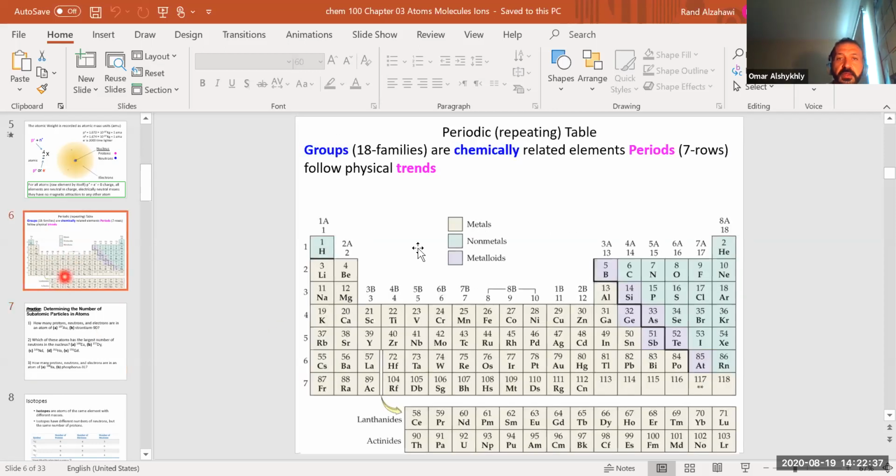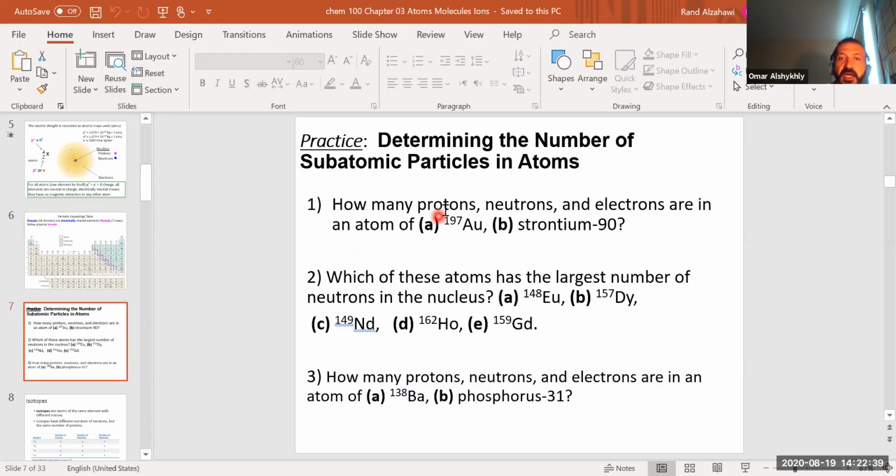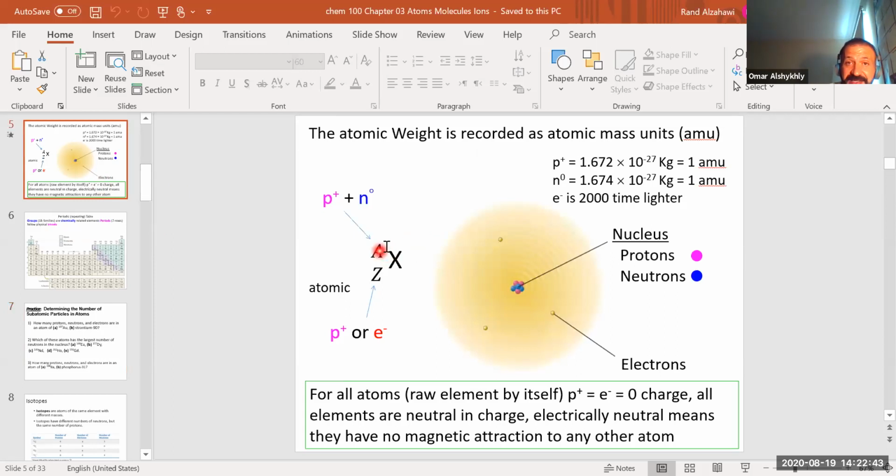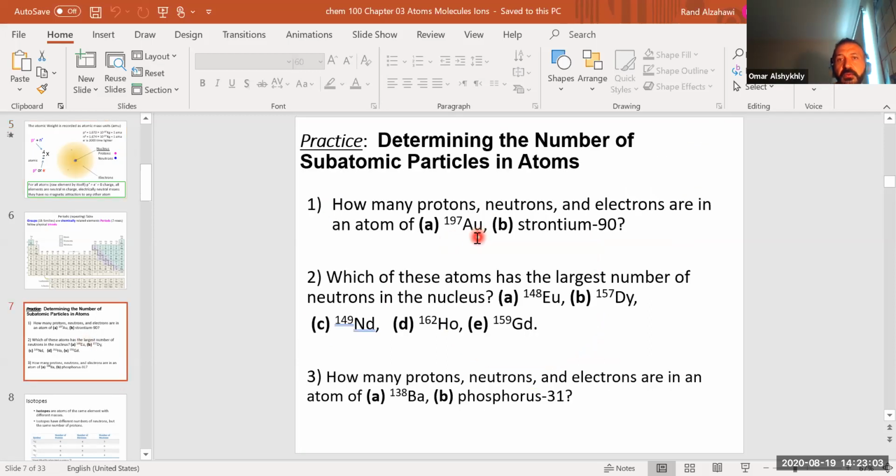Go back to Au. Now, guys, the mass number A will be in the top corner usually. Z, which is the atomic number, is at the bottom, on the left side of the element. So the number at the top represents the mass number and the number at the bottom represents the atomic number. Now look here, we have Au 197. 197 represents the mass number for Au.